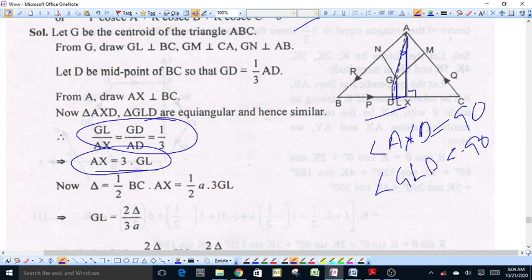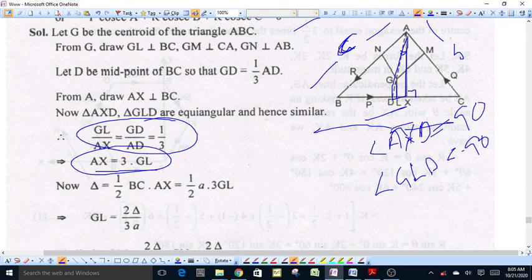Now, the area of triangle ABC will be equal to half into base BC into perpendicular AX. This side BC is equal to small a, the length of this side, that of side AC is small b, and that of AB small c.